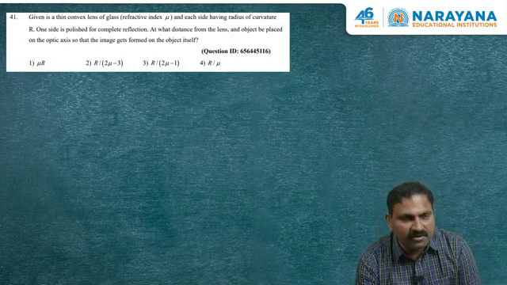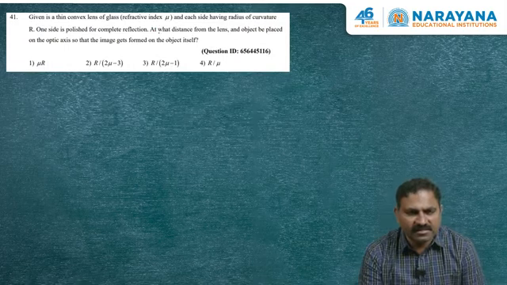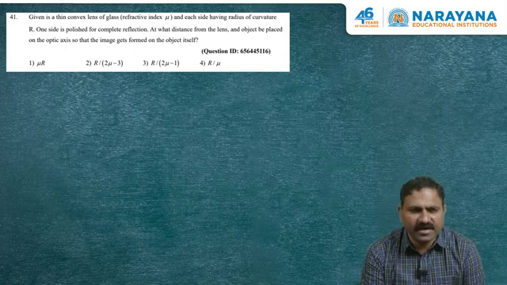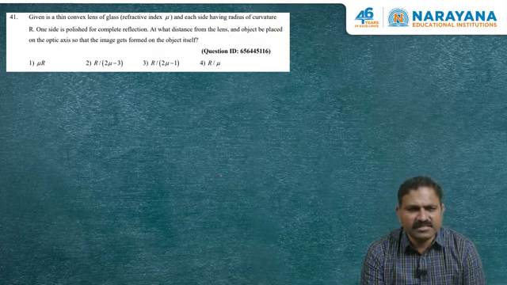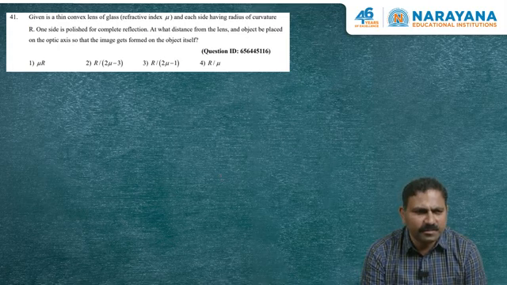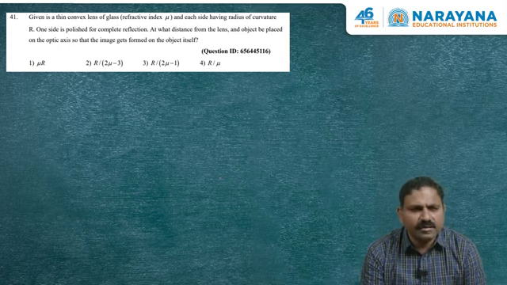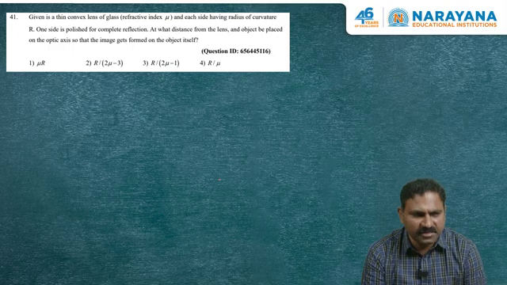Given is a thin convex lens of glass of refractive index mu and each side having radius of curvature r. One side is polished for complete reflection. At what distance from the lens should an object be placed on the optic axis so that the image gets formed on the object itself?